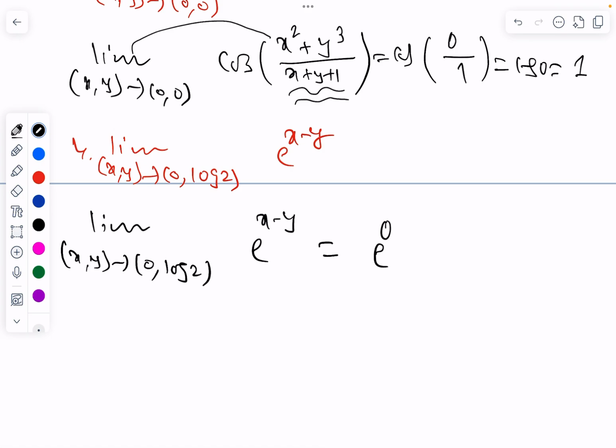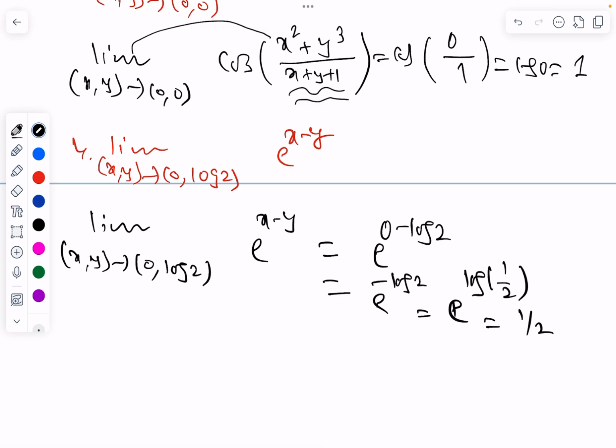So this is e power 0 minus log 2. We can write it as e power log 1 by 2, as minus log 2. And so the answer is 1 by 2.